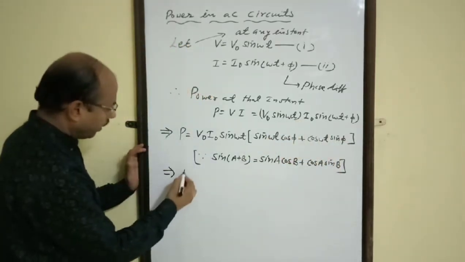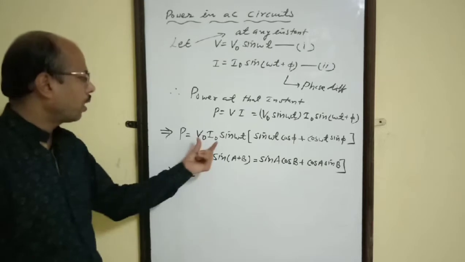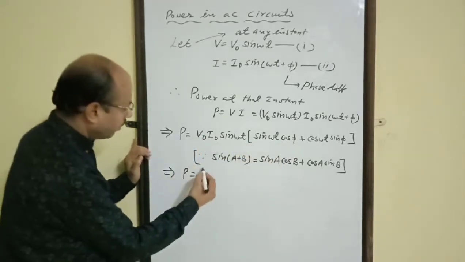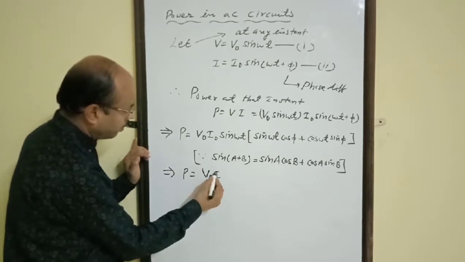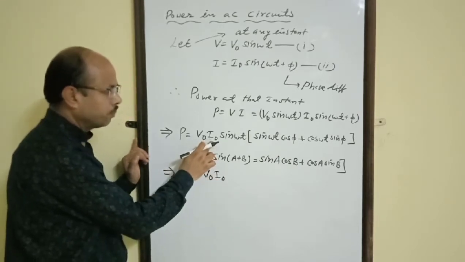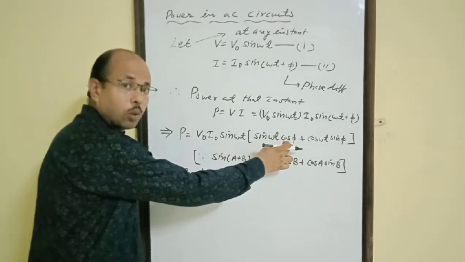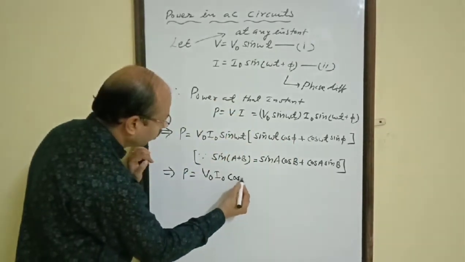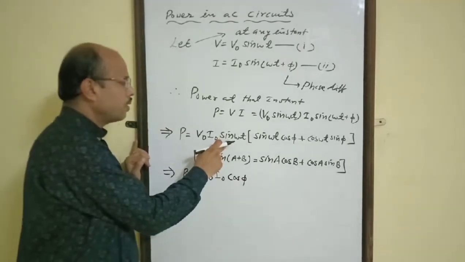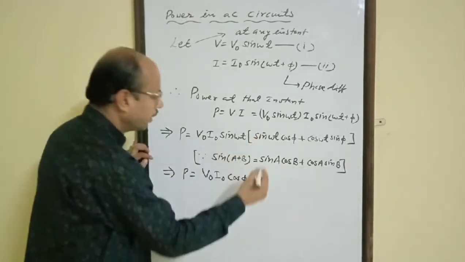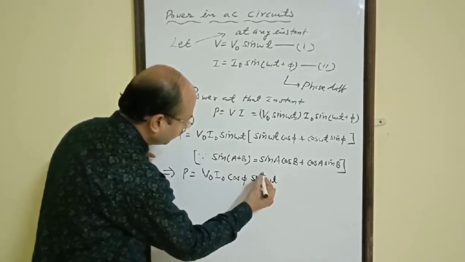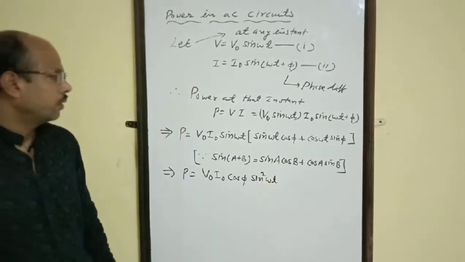And now the instantaneous power becomes, we multiply this term by this term. Here we get V naught I naught, two constant terms, and this phase difference phi is also constant for a particular AC circuit. Therefore we can also write cos phi. Here it is sin omega t, and sin omega t times sin omega t becomes sin square omega t.